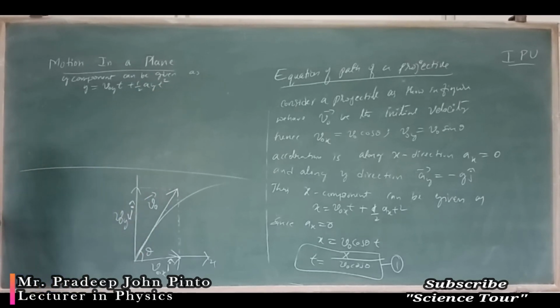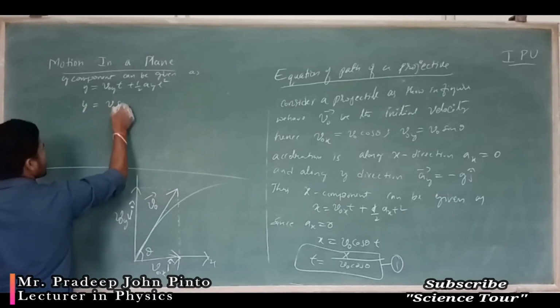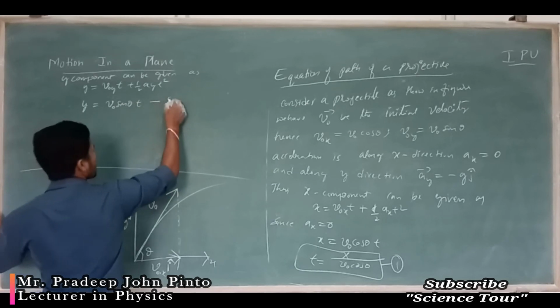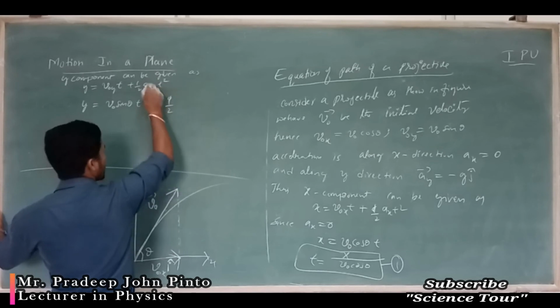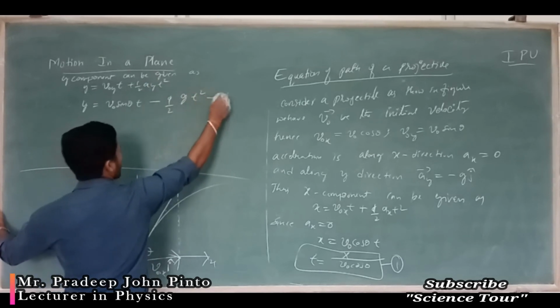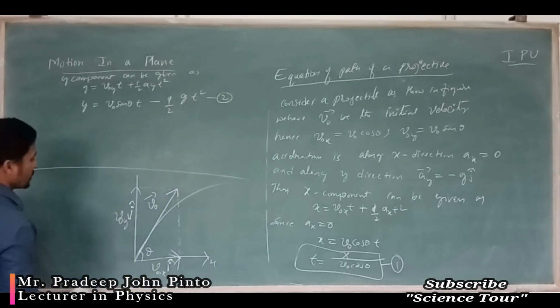Ay means minus g. So y is equal to v naught sin theta into t minus half g t square, equation 2. Now I am going to erase this equation.